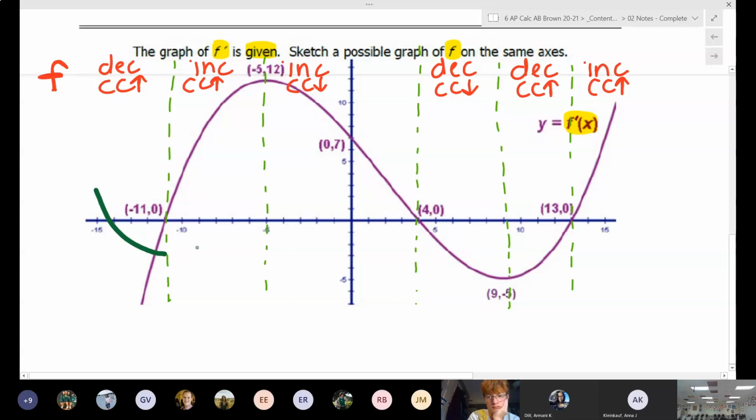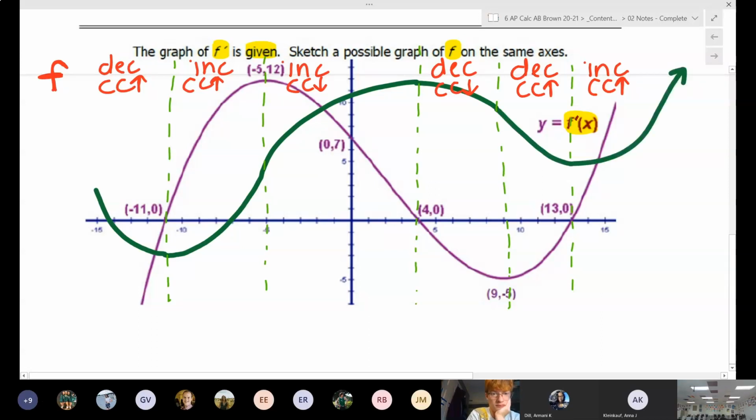Then it's increasing and concave up. Then increasing and concave down, decreasing and concave down, decreasing and concave up, increasing and concave up. And so that green graph would be an example of f.